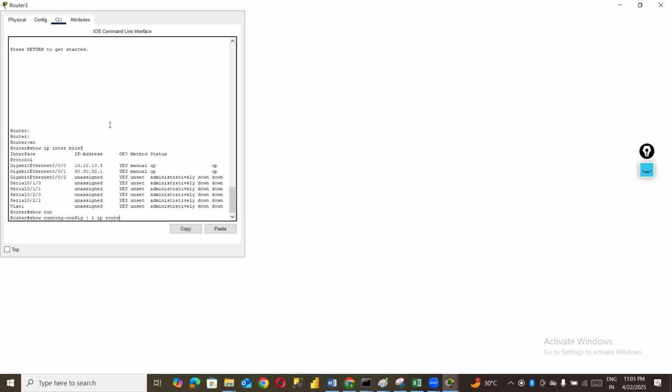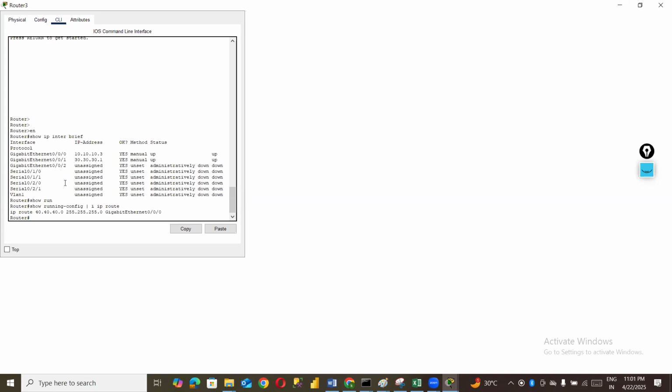Okay, IP route. So we give an IP, but our next network is the 30 network. What is this IP route? We are telling it to route towards the destination network 40.40.40.0 with the range we discussed, right? The subnet mask, in subnetting, we can restrict it, so we restrict how far we can reach.